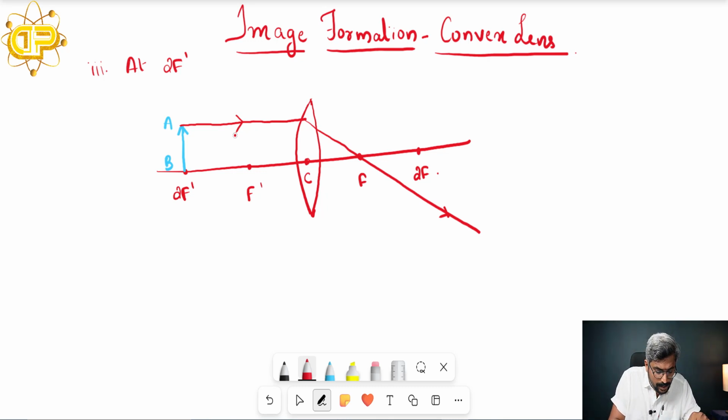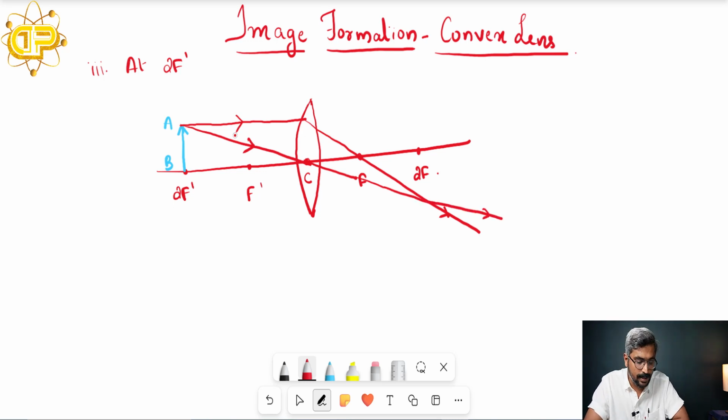Now I'm drawing it through C, the optical center. After refraction, you will see that there will be no change; the ray will be passing straight without any deviation. So you can see that there is a point here.